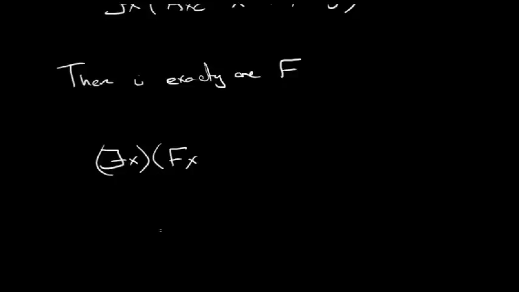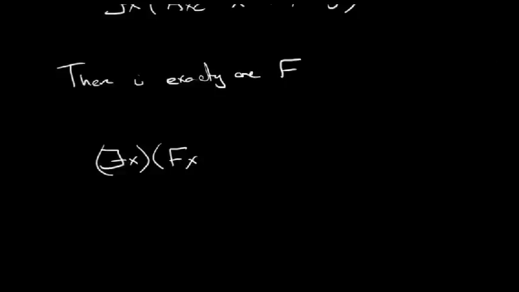Well, if there's only one F, it means that if anything at all has the property of being F, it must be identical with that thing, right? Because there's only one. Suppose I said there's only one Batman, and we know that Bruce Wayne is Batman, and then I say, oh, but John Smith is Batman too. Well, John Smith must be an alias of Bruce Wayne, because if it's true that there's only one, then if anything else is also Batman, they must be Bruce Wayne, right?